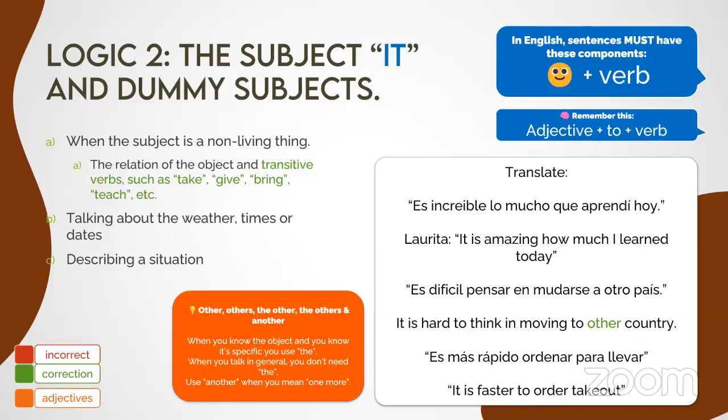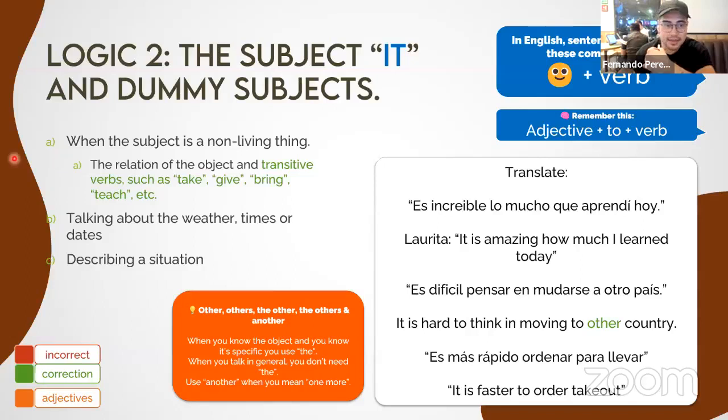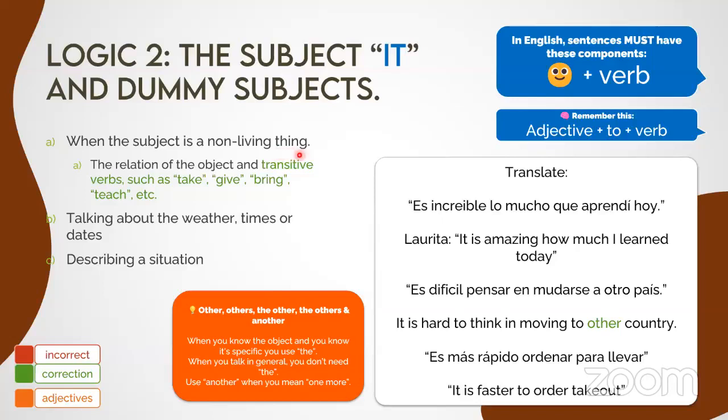If you talk about the marathon, or the earthquake or the simulation, etc., this is a non-living thing, category letter A. So you are talking about nouns, like coffee, for example, or water. Even the weather can be included as a non-living thing.